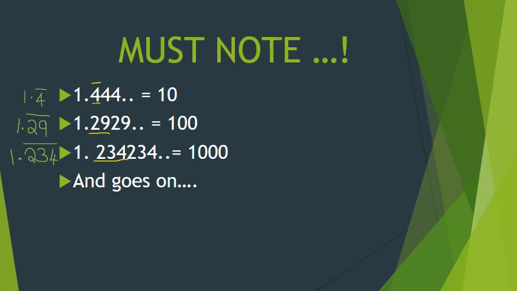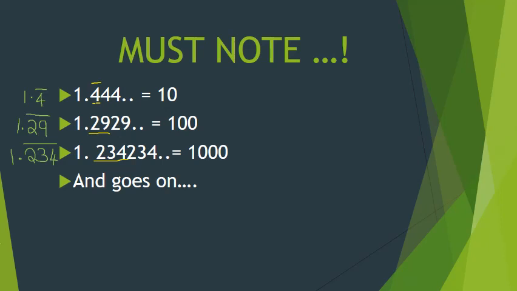Similarly, look at the second example. We have 1.2929 dot dot, which indicates that the two numbers 2 and 9 are repeating. In order to indicate that they are repeating, we put a bar on top of the numbers which are repeating. So I read the number as 1.29 bar.